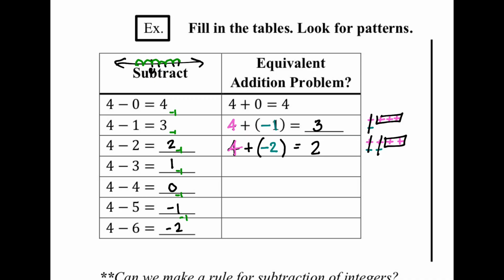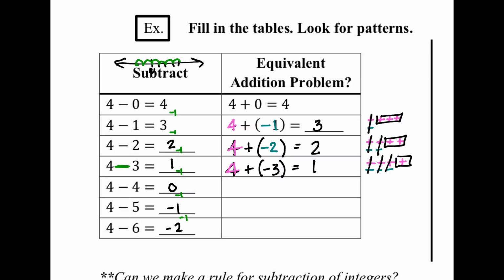So the trick to this is you change this subtract sign to an add the negative sign. So 4 add negative 3. Start with 4 positives. We're going to race with 3 negatives. And we have 1 positive left.